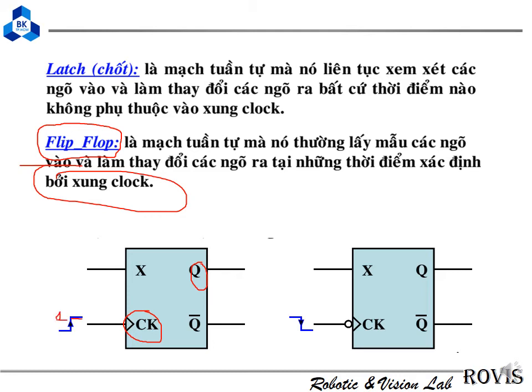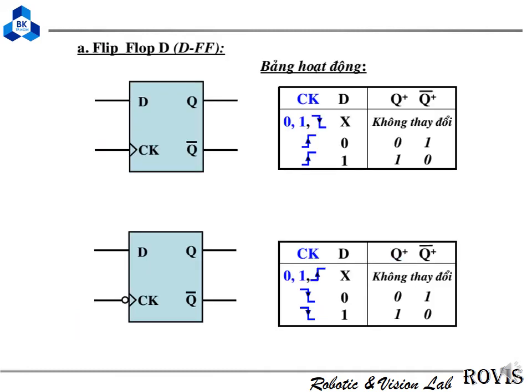This one is active 1, and this one is active 0. That means this one will be active on the rising edge from low to high, and this one will change the Q value on the falling edge, that means from high value to low value.